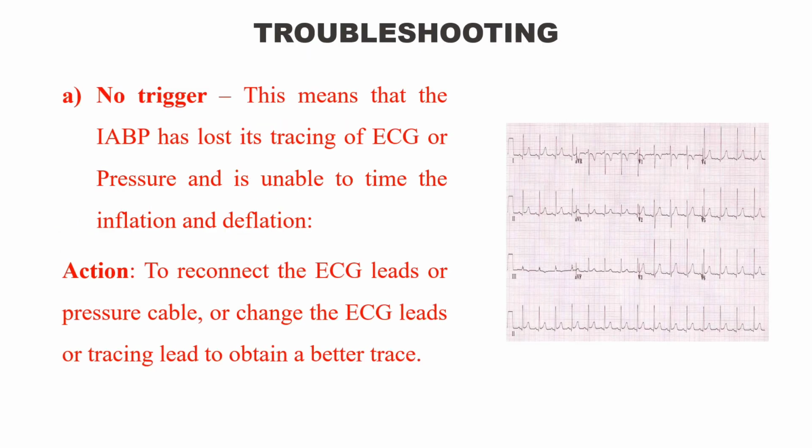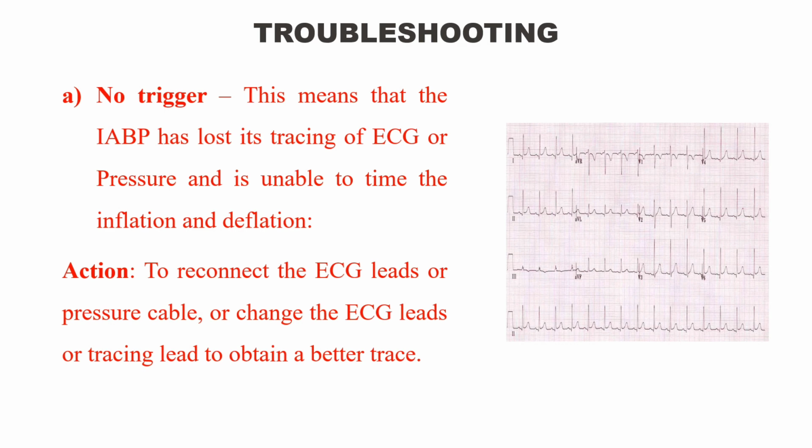Troubleshooting. The following are common problems that may occur when using the IABP. The first one is no trigger. This means that the IABP has lost tracing of the ECG or pressure and is unable to time inflation and deflation. What action do we have to take?